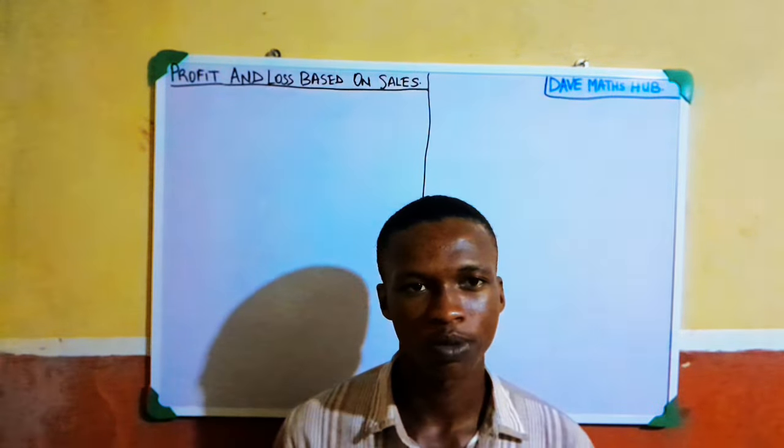So now, example 1. A trader bought an item for 1,500 naira and sold it for 1,800. Let us calculate the profit or loss percentage.